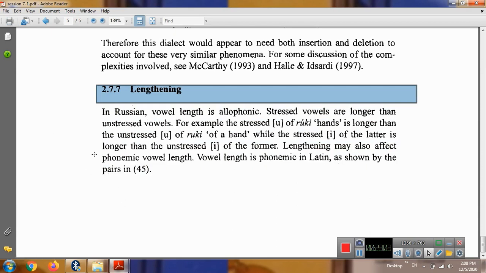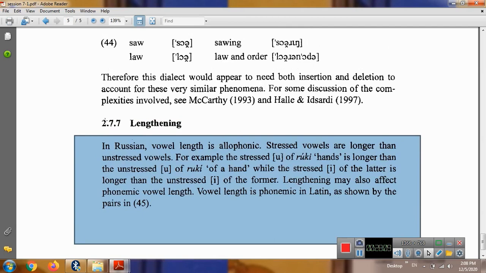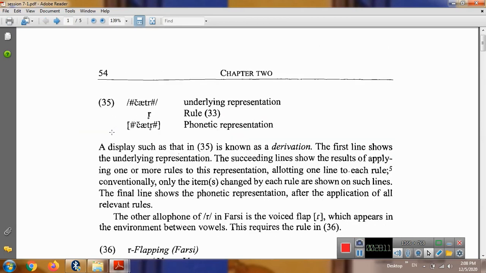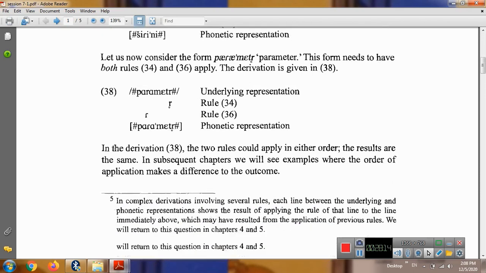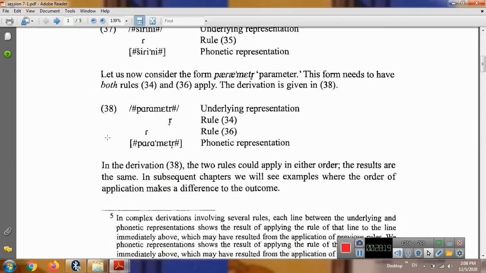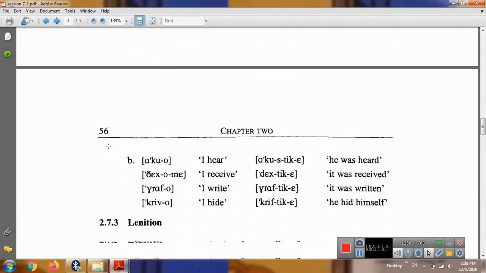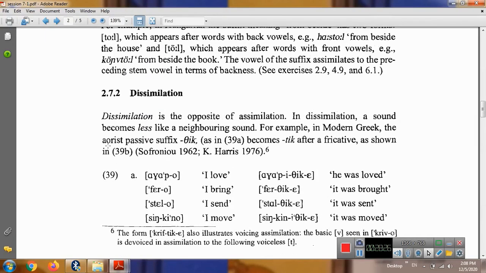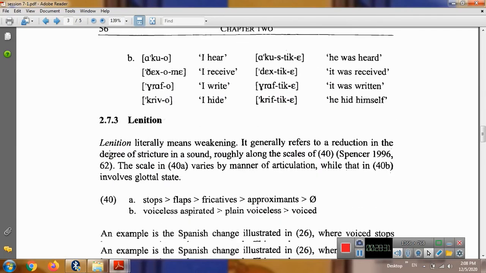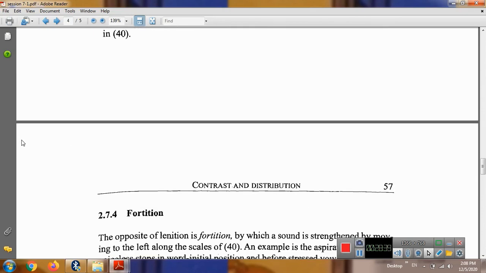And I will explain it in your next session. Therefore, in this session, I just explained these rules, and assimilation and dissimilation, and I want you to read articles about assimilation, dissimilation, and about lenition and fortition, where fortition is the opposite of lenition and dissimilation is the opposite of assimilation.